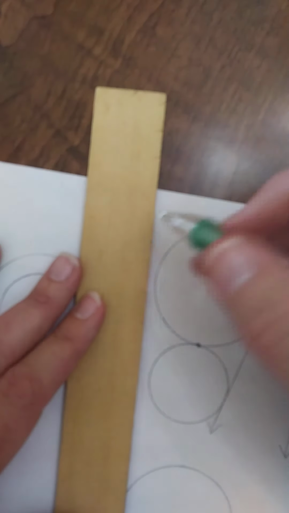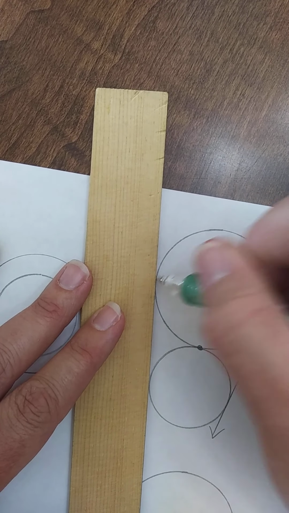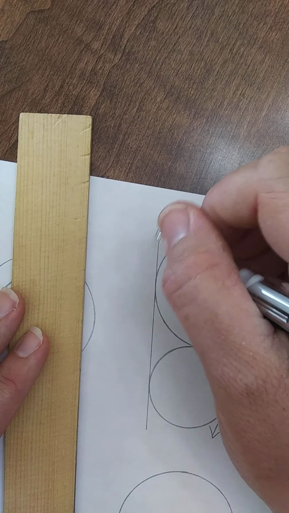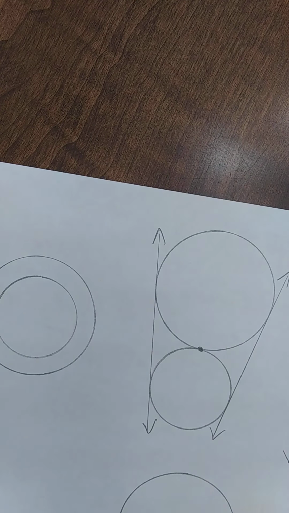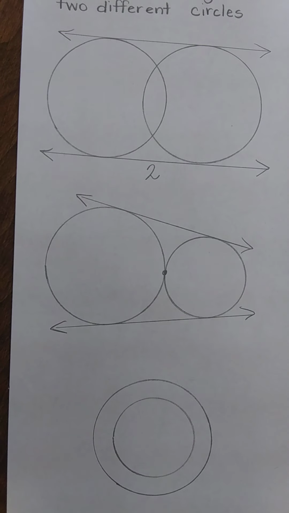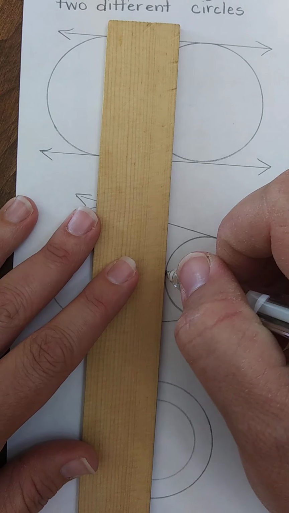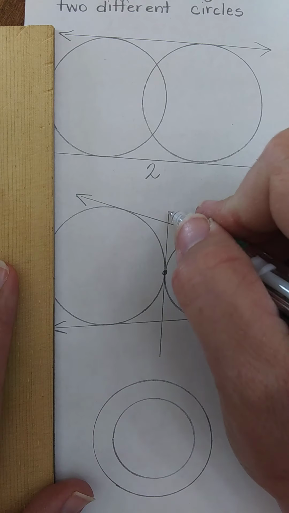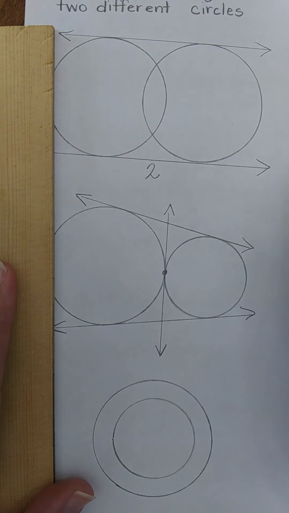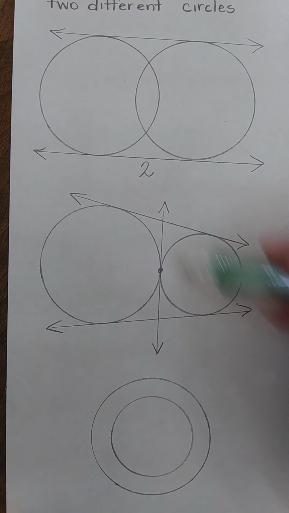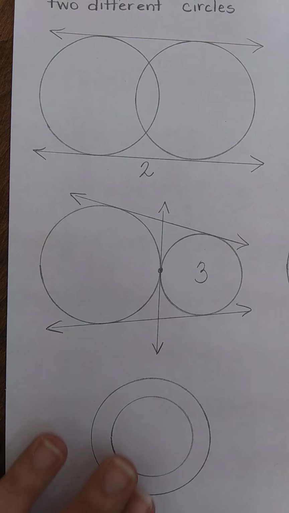And then I can do the same thing along the bottoms, so to speak. So I have those 2. But I actually have another line of tangency because I could go right through the middle if I go right through the point that they share. So there's 1, 2, 3 common tangents for this pair of circles.